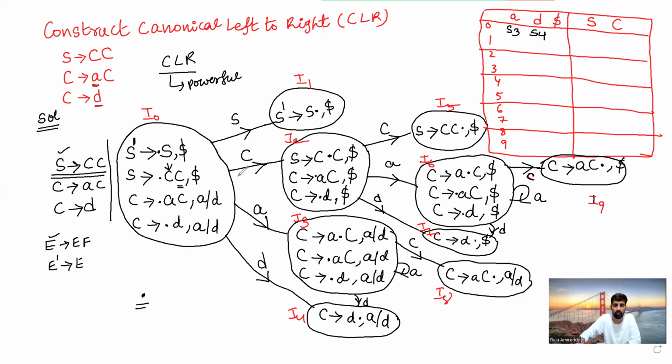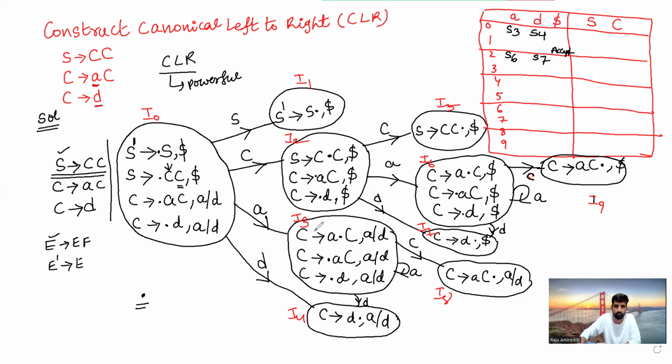Next, we completed I0. I1 is the dollar. Remember, when you find the augmented grammar with a final statement, at I1 you can write accept. Now I2. I2 on small a goes to I6. We can write S6. I2 on small d goes to I7. This is S7.